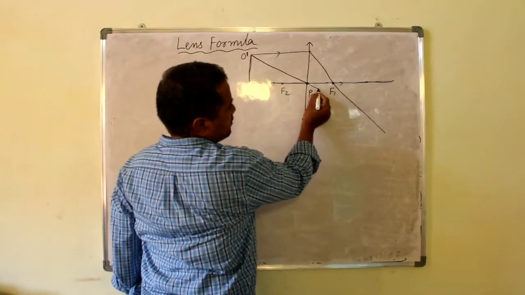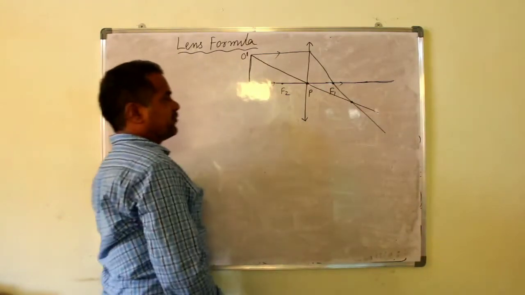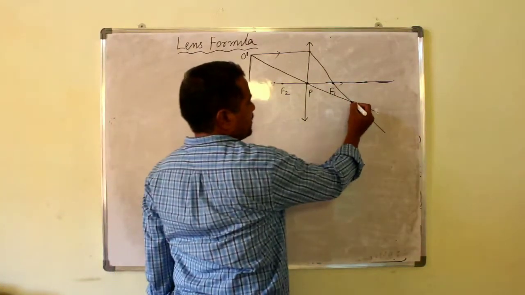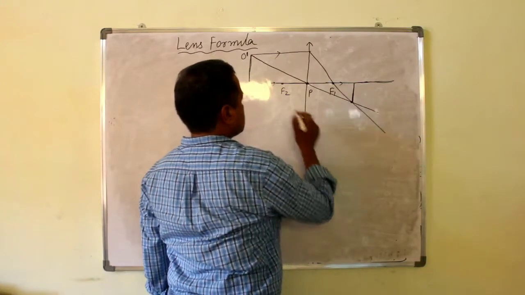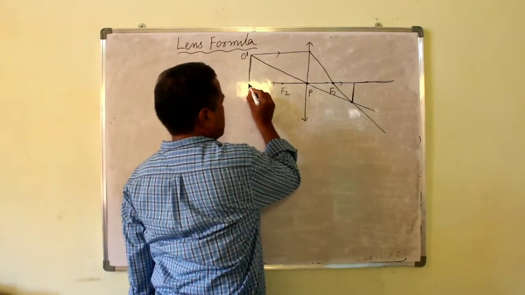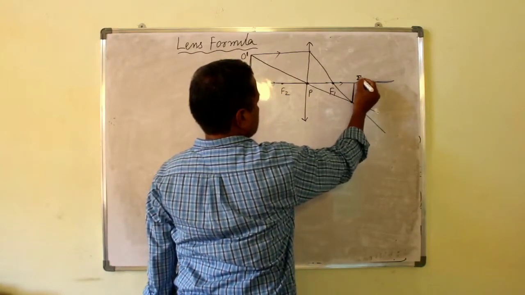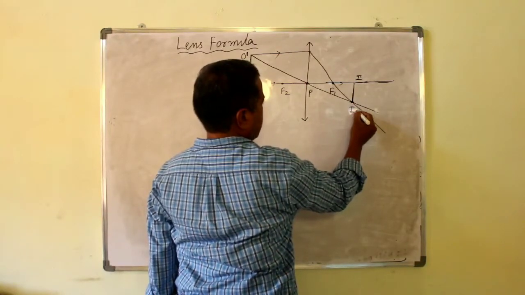These two refracted rays intersect at one point. From that point of intersection, draw one normal to the principal axis. So the image of O is formed here, that is I, and the image of O dash is formed here, that is I dash.